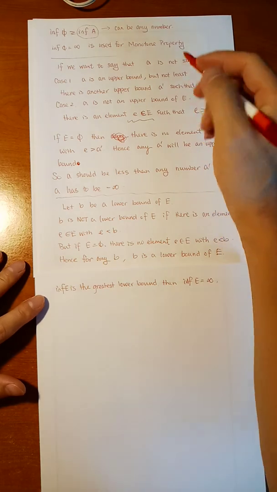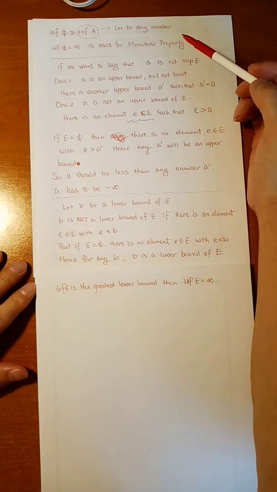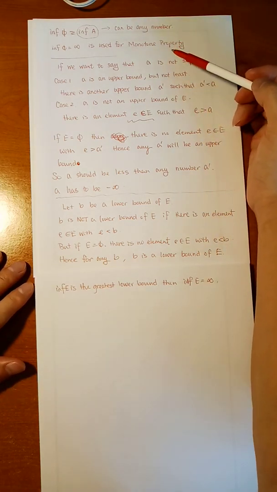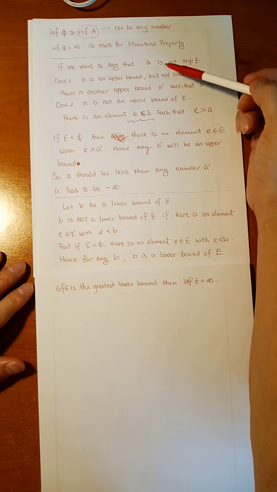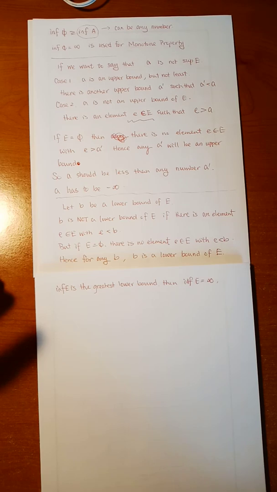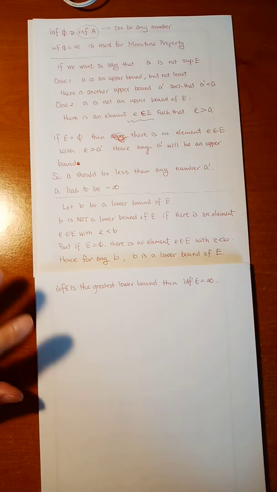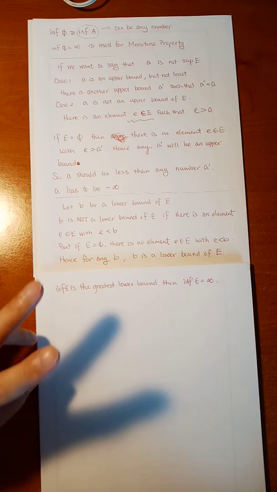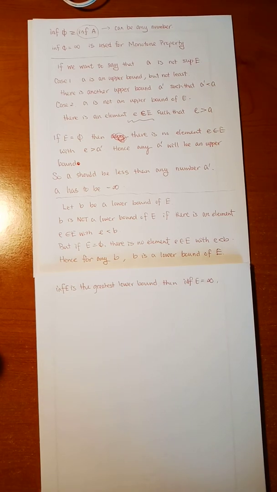I possibly said something incorrect. Not every number can be assigned to the sup of the empty set and the inf of the empty set. Only positive infinity and negative infinity are the proper choices. This is the only unique choice. Sorry.